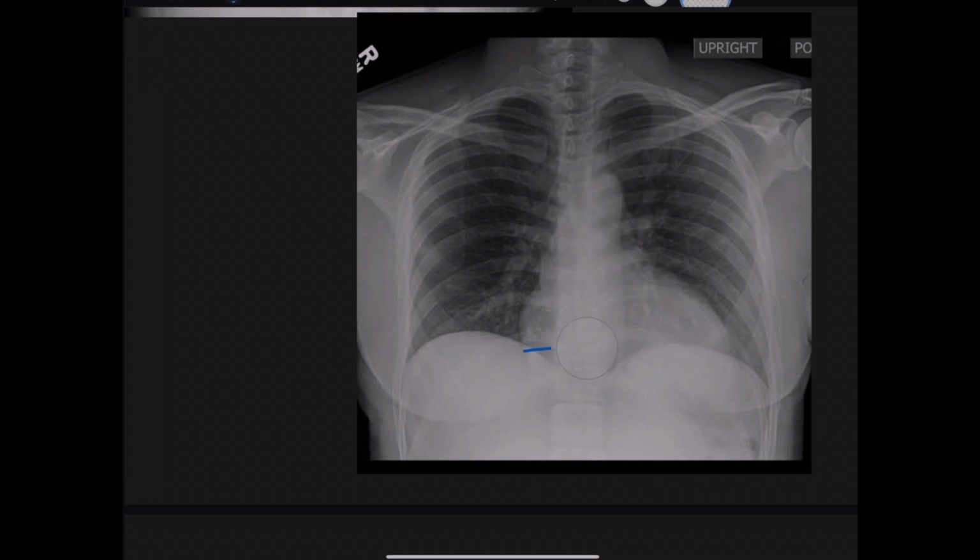Here is the right dome of the diaphragm, and this is the left dome of the diaphragm. But the central tendon cannot be marked because the heart sits on the central tendon, and the heart is opaque and the central tendon is also opaque, so there is no line differentiating between the heart and the central tendon.